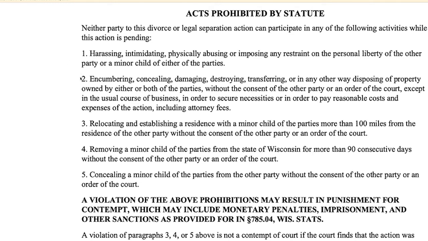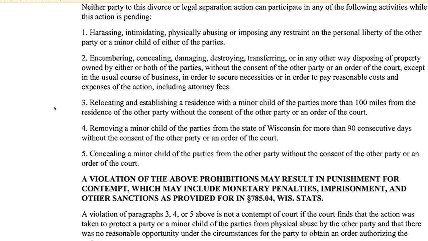You're not supposed to start moving assets, like encumbering. Don't take out a home equity line of credit on the marital home. Don't sign the title to your sports car over to your girlfriend. Don't drain the joint checking account and give the money to your parents to hold for you until after the divorce is done. That kind of thing. Don't make any big financial moves.